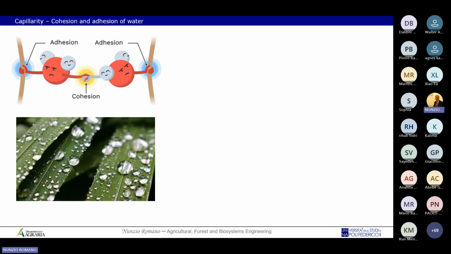This phenomenon of capillarity is due to, I cannot go into some chemistry issues, but there are cohesion and adhesion of water because of the polar nature of the water molecules. Adhesion, for example, to the wall or the leaves of the plant, but there is also a cohesion because of the electrostatic charges in the water molecule.